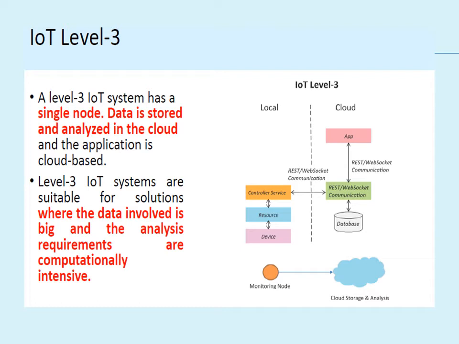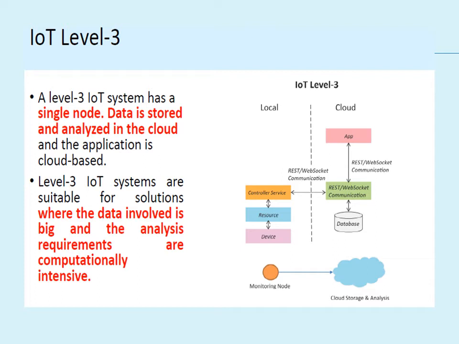IoT level 3 systems are suitable for solutions where the data involved is big and the analysis requirements are computationally intensive. This is also similar to IoT level 2, but here there is a communication line between the database and the app, and REST API or WebSocket communication can be done.